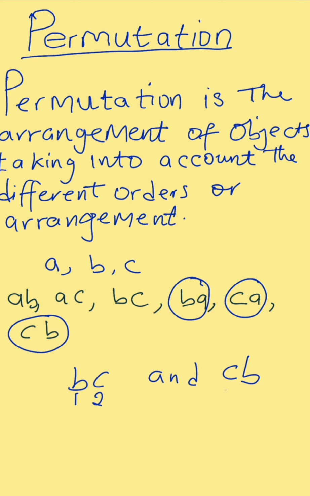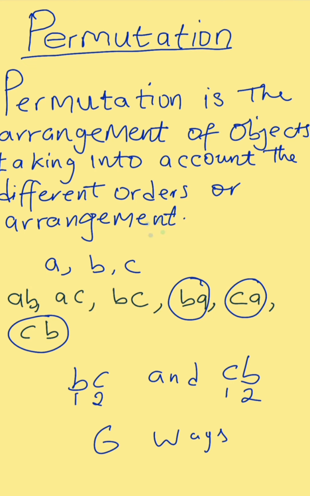But CB means that C is named first, while B is second. So they are two different things, all right? So the number of ways of arranging these letters A, B, C, taking two at a time is 6 ways. So it is 6 ways because you can see it AB, AC, BC, BA, CA, and CB. This is just permutation because permutation talks about arrangement.